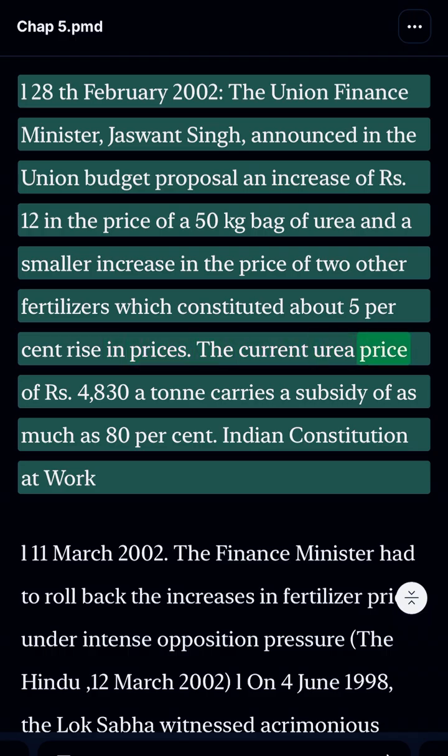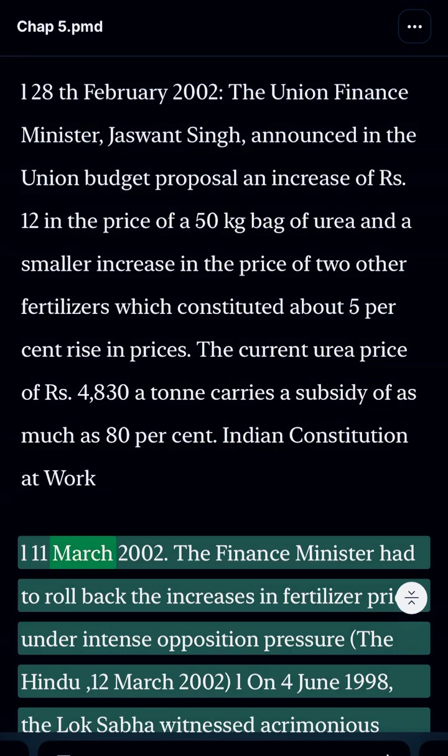The current urea price of Rs. 4,830 a ton carries a subsidy of as much as 80%. The 11th of March, 2002. The Finance Minister had to roll back the increases in fertilizer prices under intense opposition pressure. The Hindu, the 12th of March, 2002.